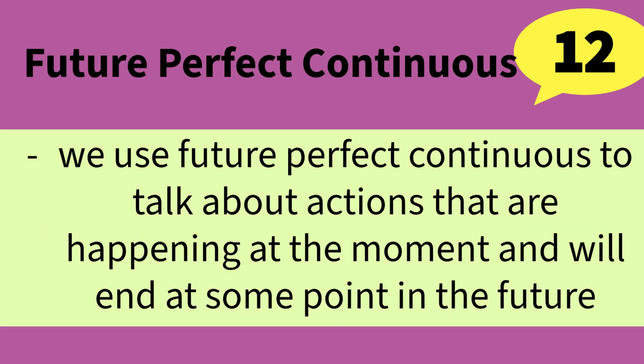The 12th tense is the future perfect continuous tense. We use future perfect continuous to talk about actions that are happening at the moment and will end at some point in the future.